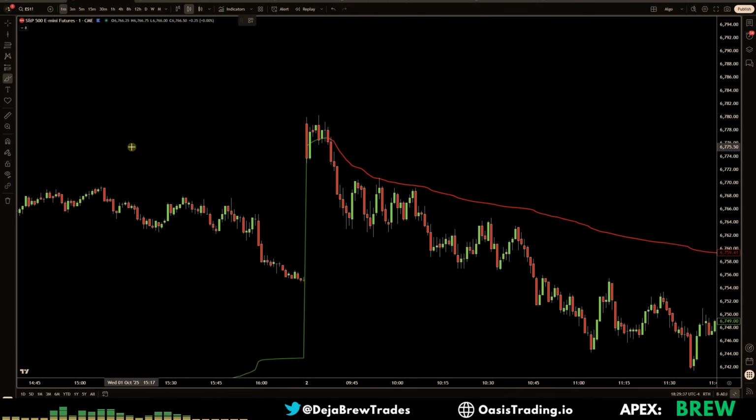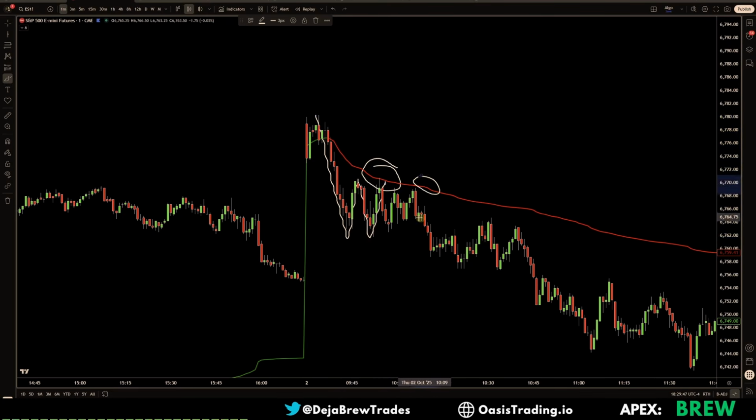So this would be an example of a bear flag into VWAP because we have an impulse down, and then we have that responsive, that kind of choppy pullback into VWAP. Obviously, this line here on my chart is VWAP. This would be the daily VWAP. So when we have that pullback into VWAP, you can start looking for a trade in that general area.